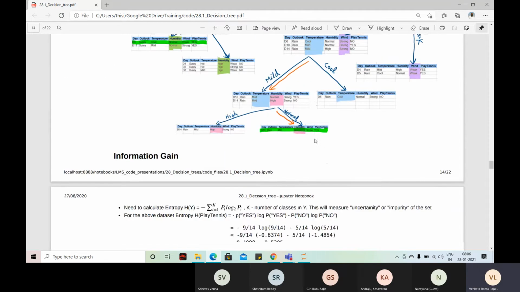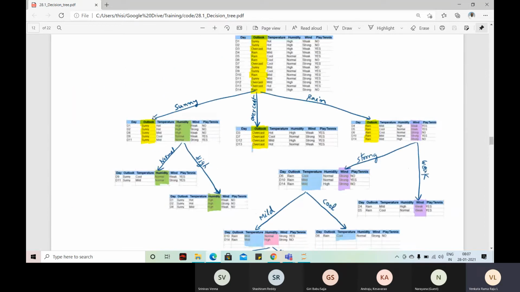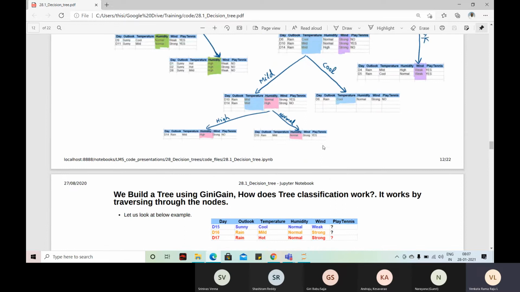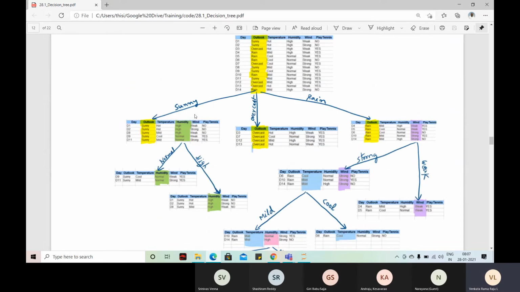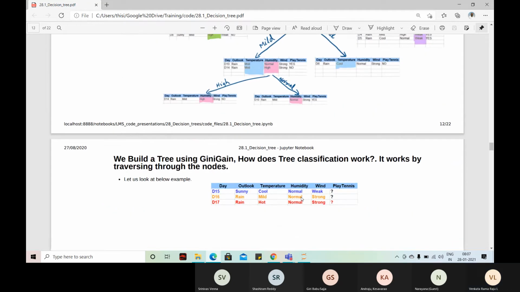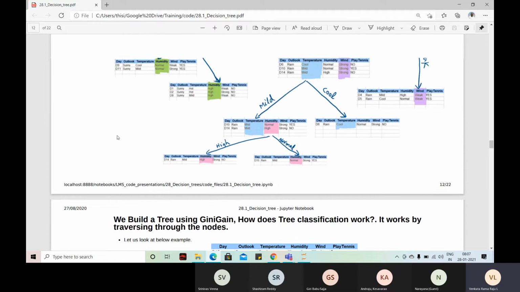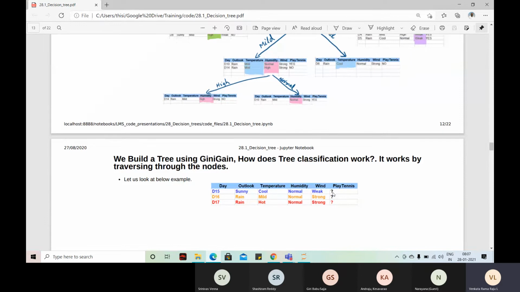Outlook is sunny, so I will go this direction, and then next feature I need to look at is humidity. Humidity is normal. Humidity normal means they'll play, so the decision is going to be play.